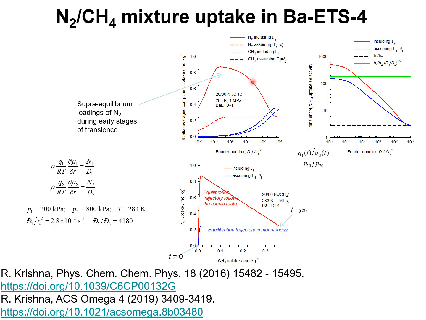Red is nitrogen, blue is methane. The dashed lines are the simulations in which thermodynamic coupling effects are ignored, and the matrix of thermodynamic correction factors is taken to be the identity matrix. Gamma ij is the Kronecker delta.